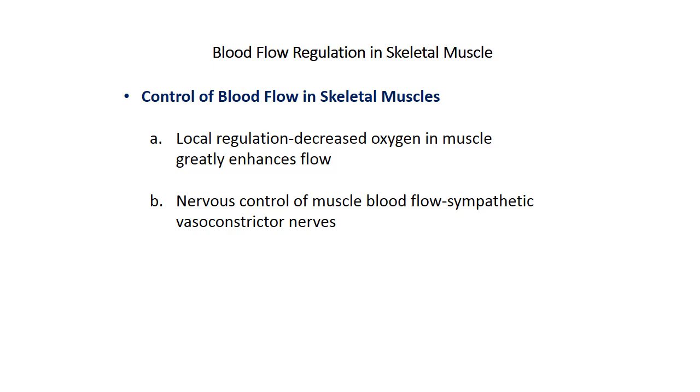This norepinephrine is an important vasoconstrictor. Also, in addition to norepinephrine secreted by sympathetic nerves, the medulla of the adrenal glands secretes high amounts of norepinephrine and epinephrine into the circulating blood during exercise.